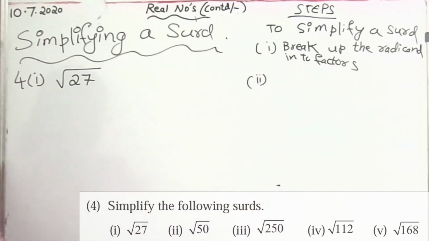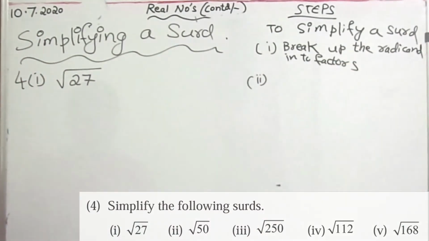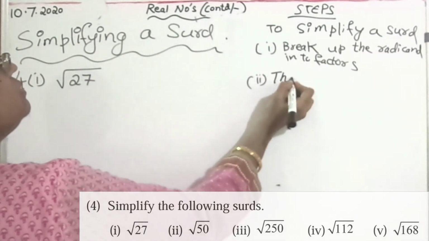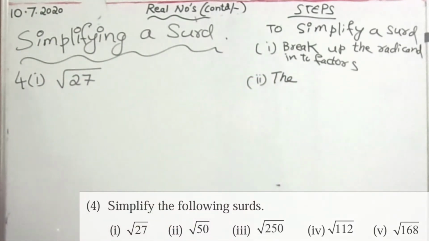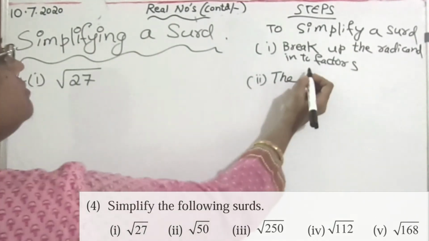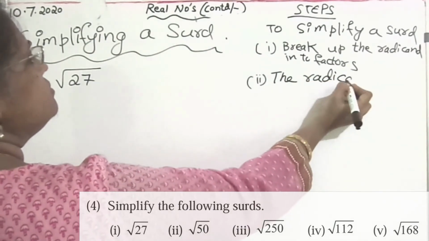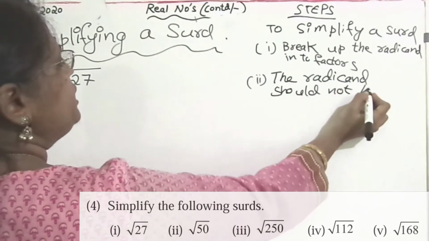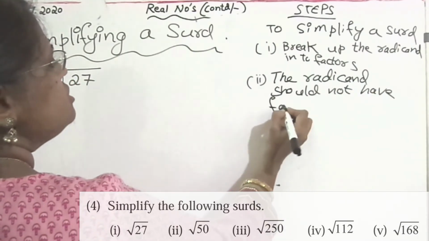Second, the radicand should not have factors of the nth order.